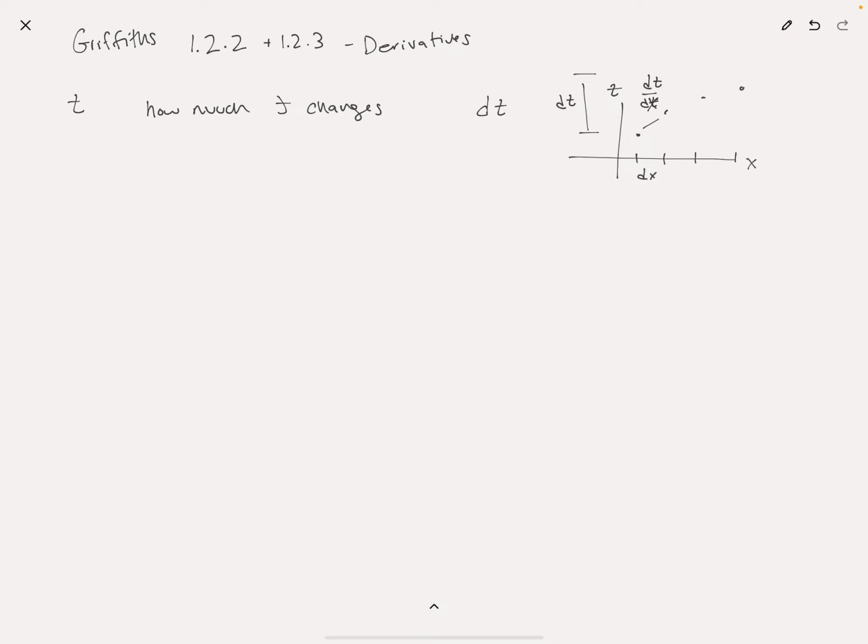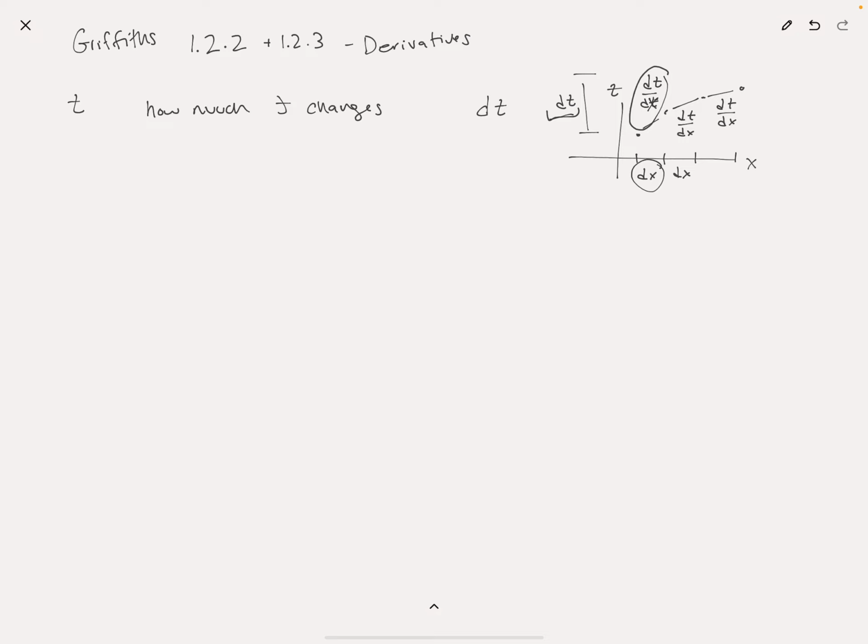I can evaluate the next infinitesimal change in x, evaluate a new slope, dt/dx, and evaluate another new slope, dt/dx. So my total change in my function is just going to be adding up the infinitesimal changes that are being made as I change my independent variable.